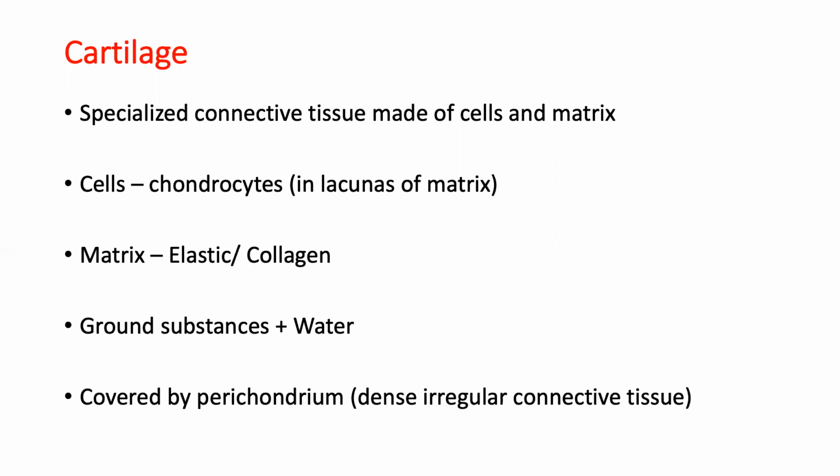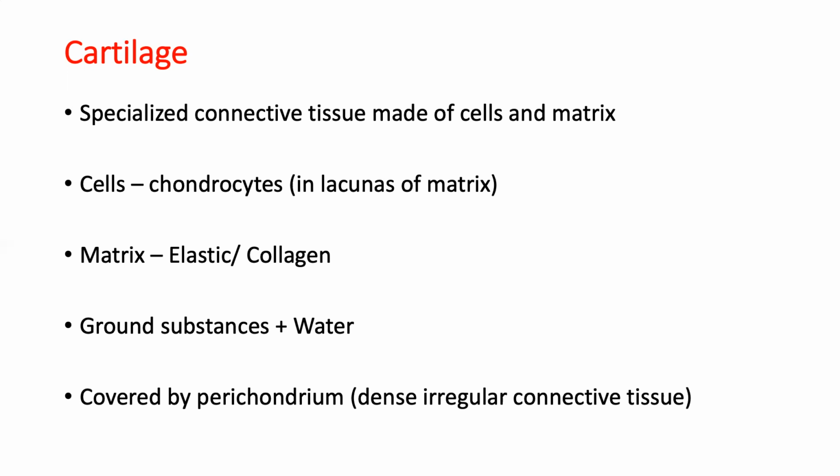If we want fibrous cartilage, we will use fibroblasts. These chondroblasts, fibroblasts, osteocytes are all sitting in the lacunae. The matrix is also made of elastic fibers, collagen fibers, and the ground substance will keep water content, which is a very important property of cartilage.